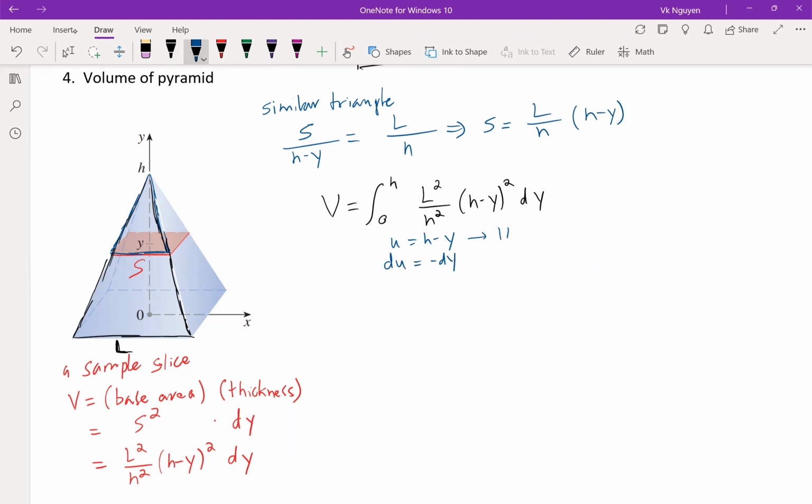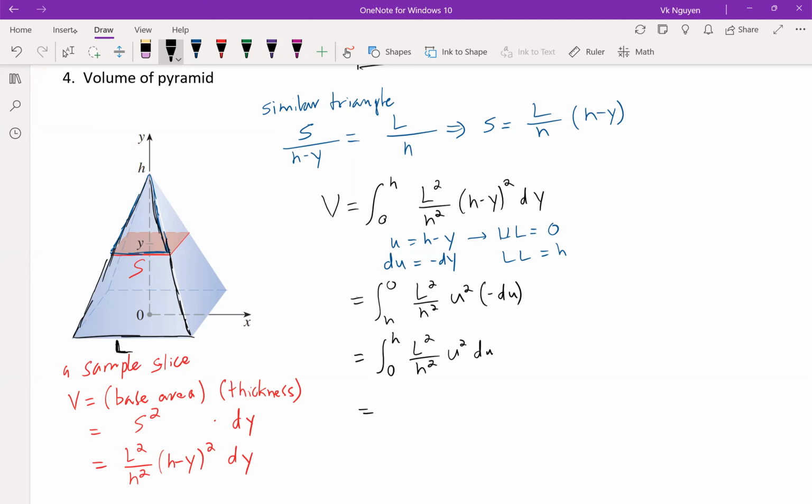And then the upper limit is 0. Lower limit is h. This would be integral from h to 0 of L squared over h squared u squared times negative du. Switch the limit and get rid of the negative. Integral from 0 to h of L squared over h squared u squared du.